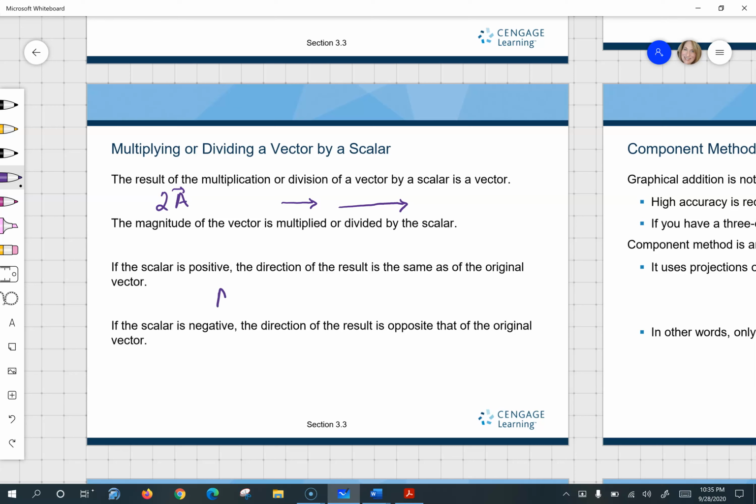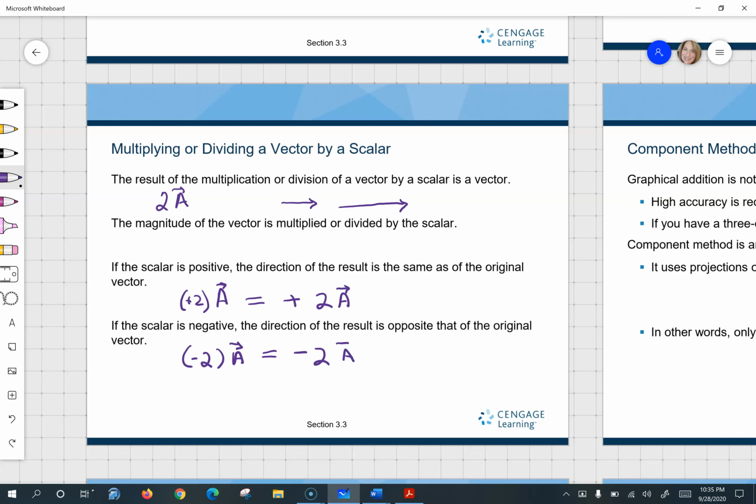If you multiply vector A by a positive 2, then your result is going to be positive 2A, still vectors. If you multiply it by a negative 2, then your result will be a negative 2A. All right, so this graphical method, you don't want to use it if you need accuracy.